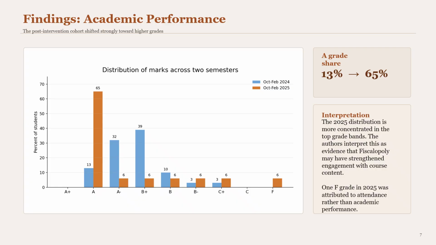The study mentions that one F grade in 2025 was linked more to attendance issues rather than weak academic ability. So overall, the performance data support the student feedback. The game was not only enjoyable, but it also appears to have had a positive academic effect.